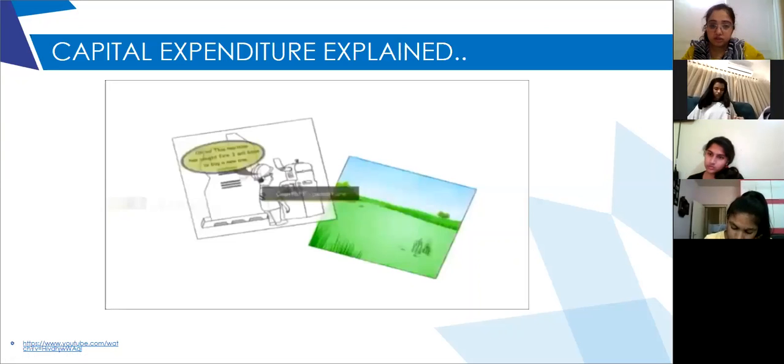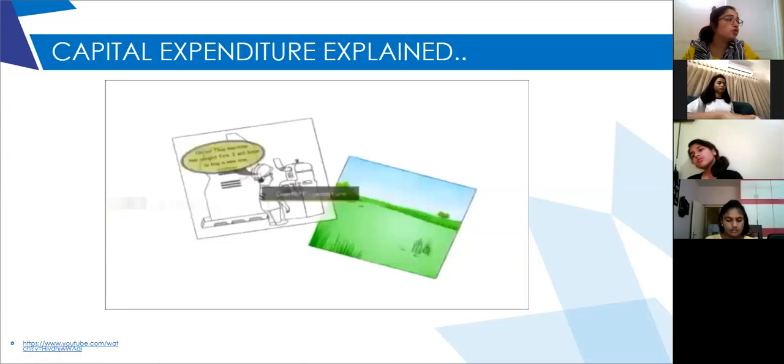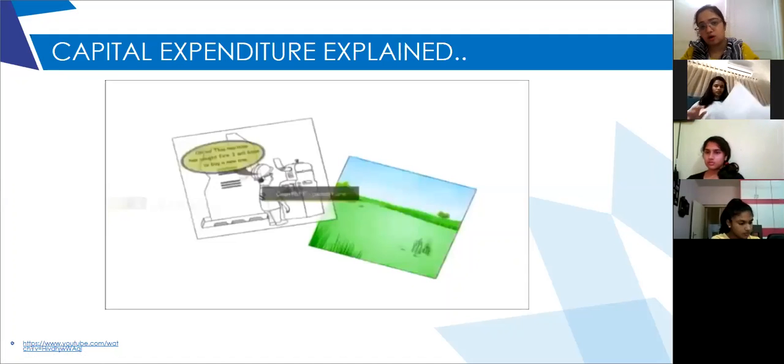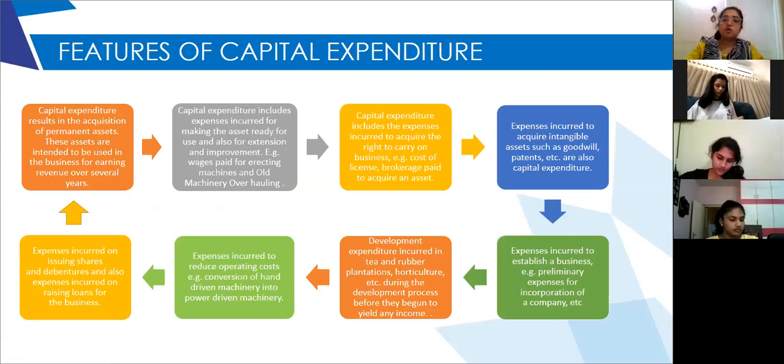Such expenditure, you have to write this whole thing, is of non-recurring nature and results in acquisition of permanent asset. This should be the complete answer of what is capital expenditure. And in fact, you should give one example like property acquired or purchase of machinery. That's up to you how you want to give it. Clear? Yes, ma'am.